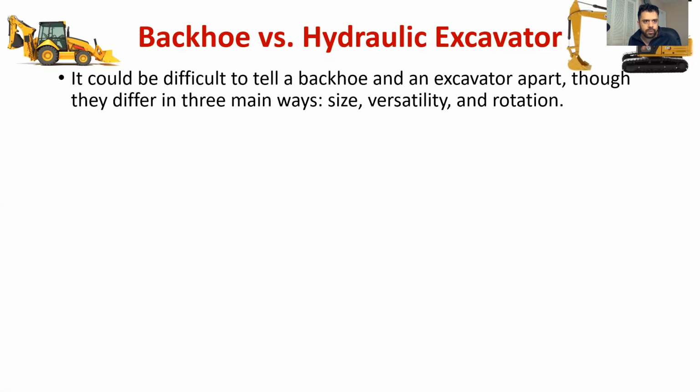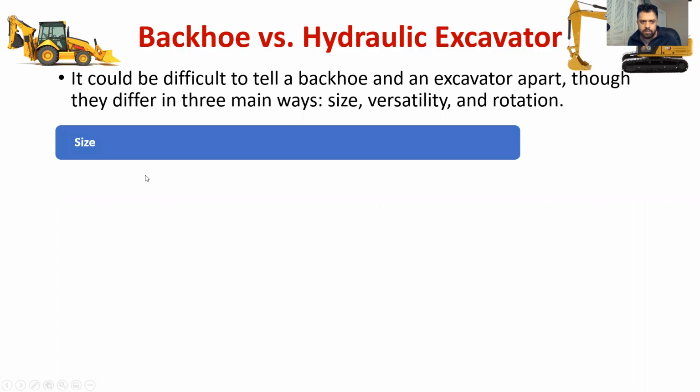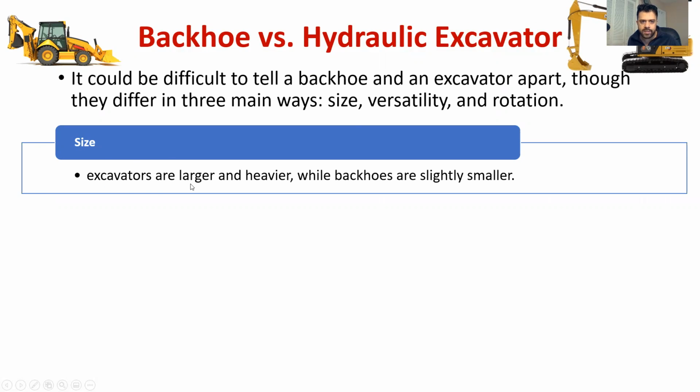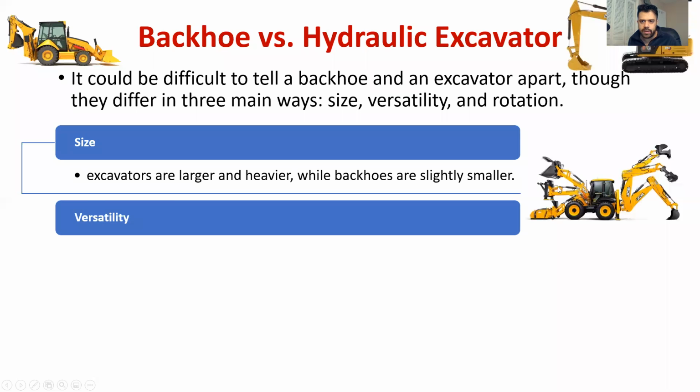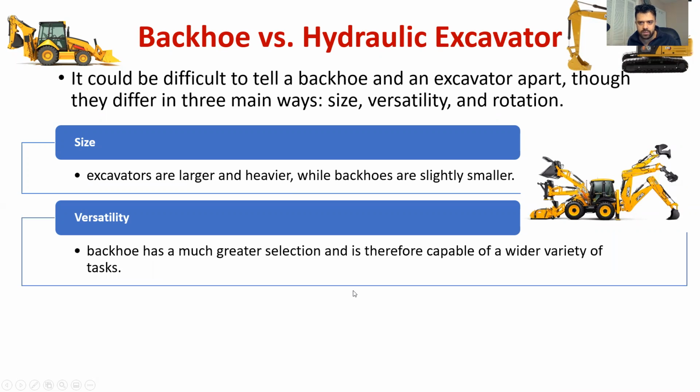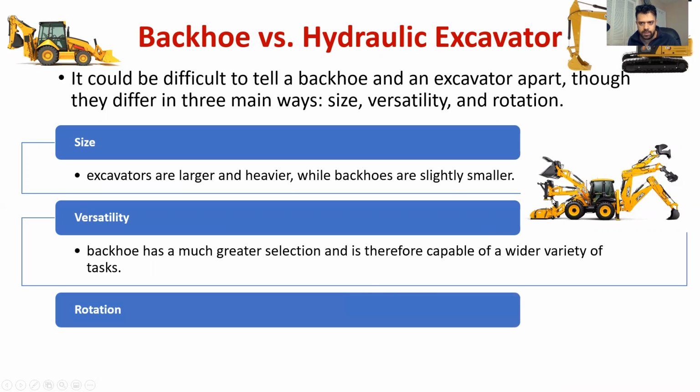So this is just a review of what I just said. It could be difficult to tell them apart, but they could be different in size. Excavators are larger and heavier. Backhoes are slightly smaller. Versatility: backhoes are more versatile. As you can see, different buckets could be attached to the back, the rear, or the front of the equipment, based on the need.